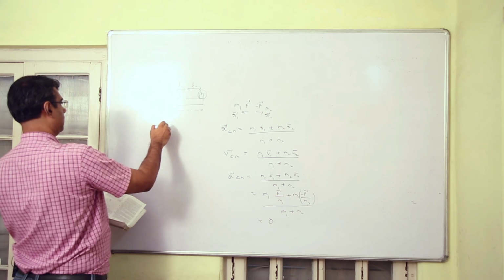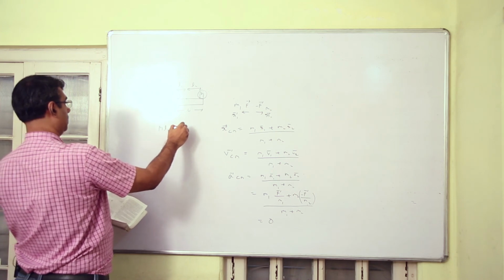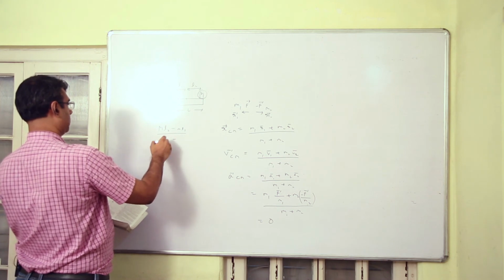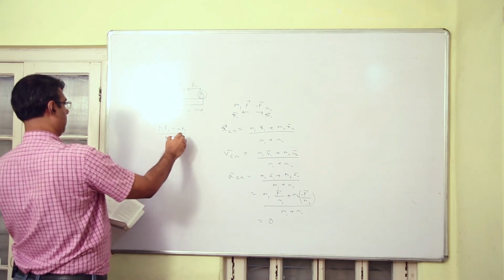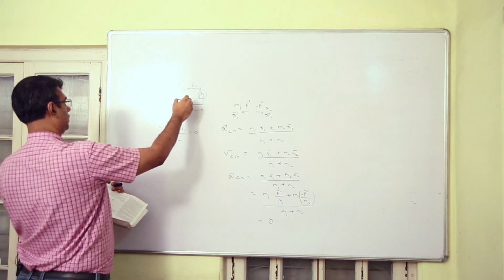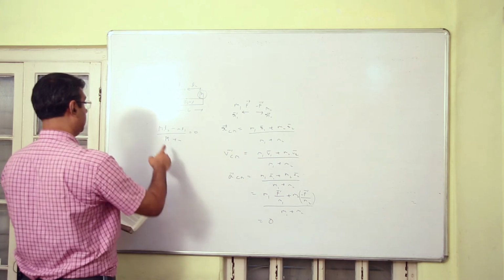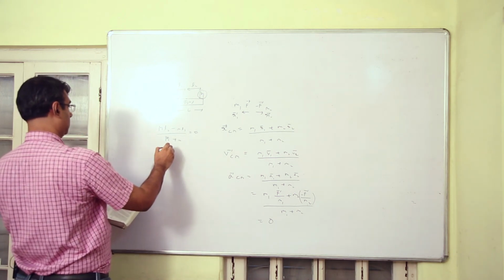So we can say that m into L2 minus M into L1 by capital M plus small m is 0. If you take this as the origin, then m into L2 minus M into L1 is 0.